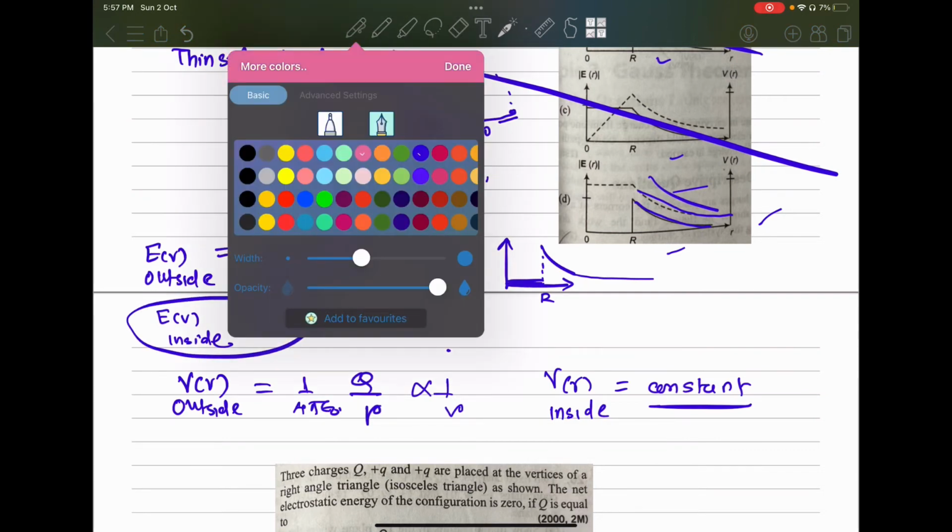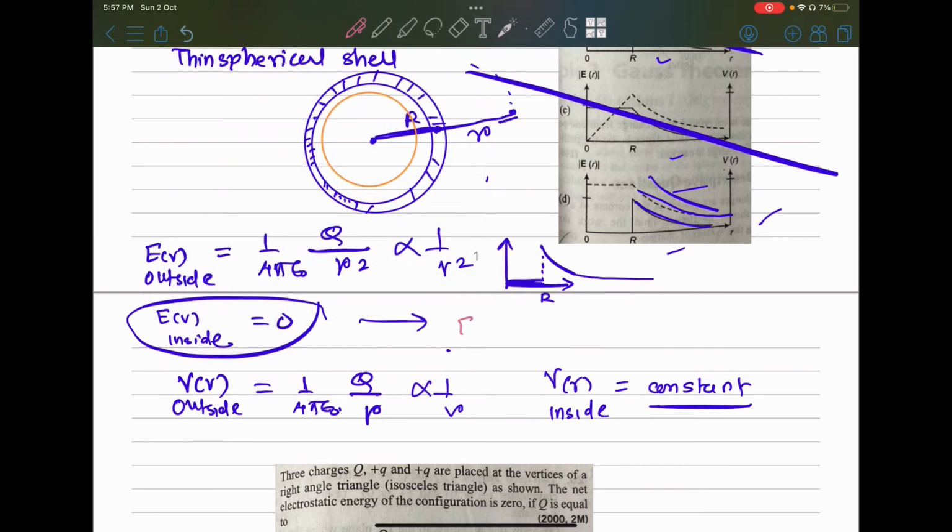Electric field is nothing but the derivative of electric potential with respect to distance from the center. And this is 0, so the potential must be constant. Therefore, electric potential inside a spherical shell is constant.